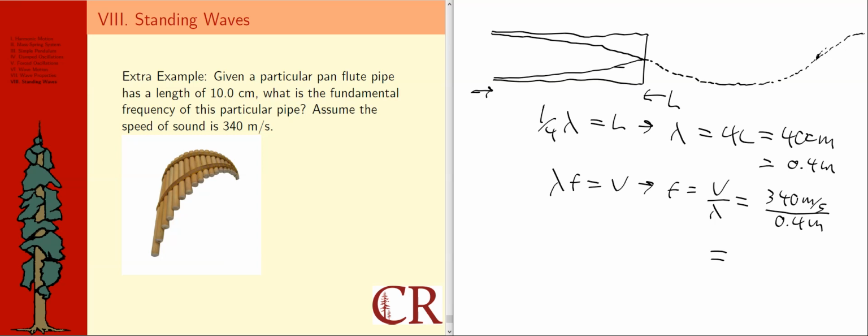I turn to my calculator, and my calculator says that that division is 850, and the meters cancel. It's 1 over second, but this is a frequency, so I'm going to write that as hertz. So 850 hertz. So let's go ahead and check that. That is correct.